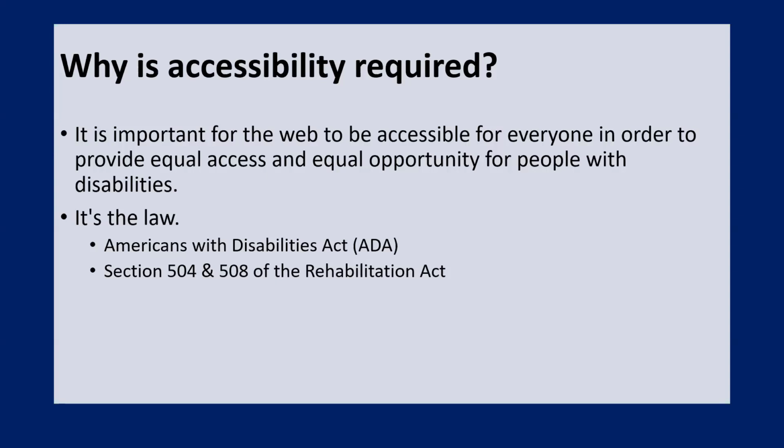So it's very important that we keep this in mind as we put content on the web. And the web is a very dynamic place. We have lots of content editors up there, and you really have to be purposeful and mindful when you're adding content that you're using the accessibility best practices so that everybody can benefit from the information on the web.